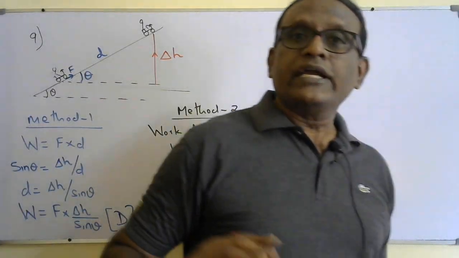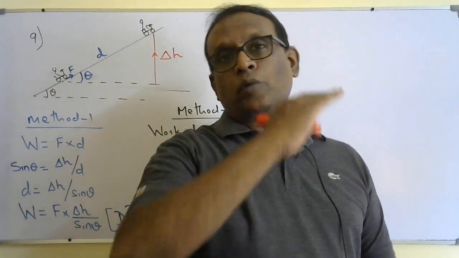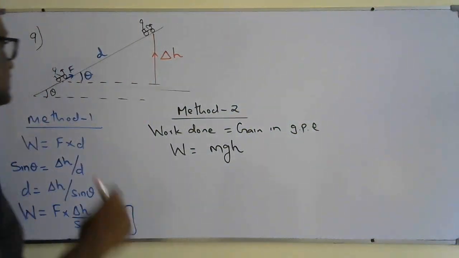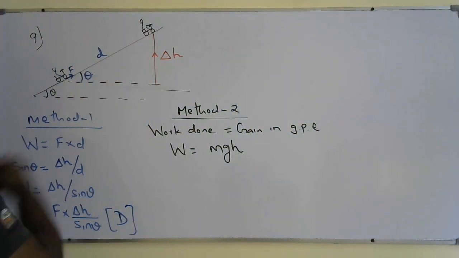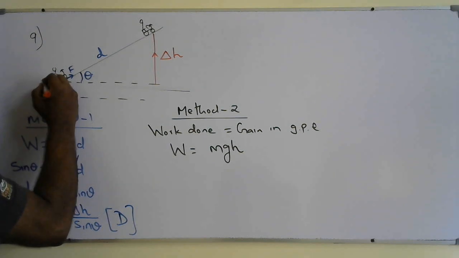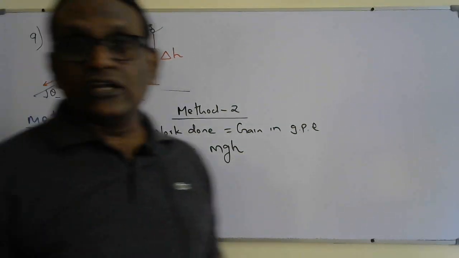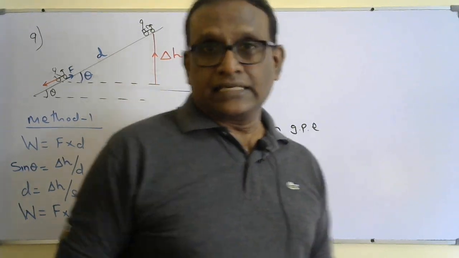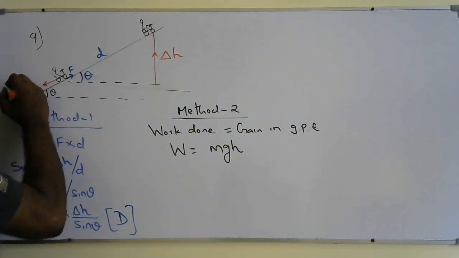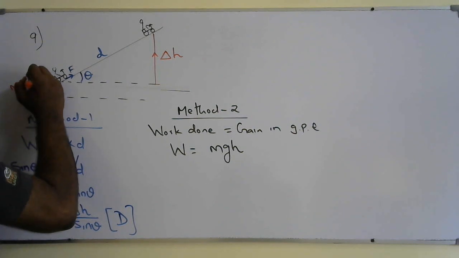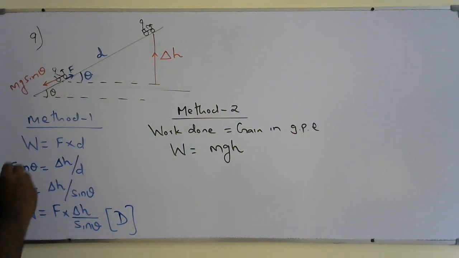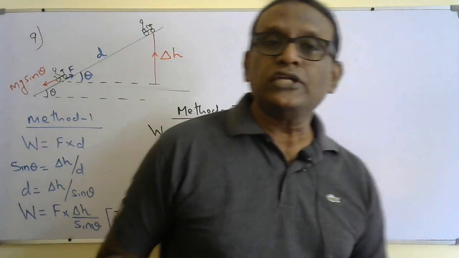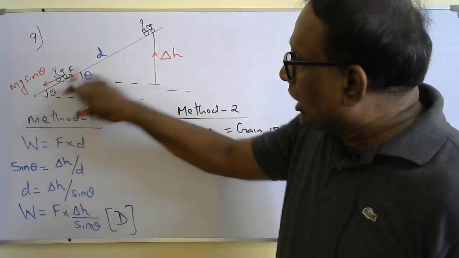The cyclist moving upward along the slope at constant speed means there should be a force acting downwards, the component of the total weight of the cyclist and the cycle, which is mg sine theta. Since he is moving at constant speed, mg sine theta must be equal to F. These are the only two forces acting along the slope.